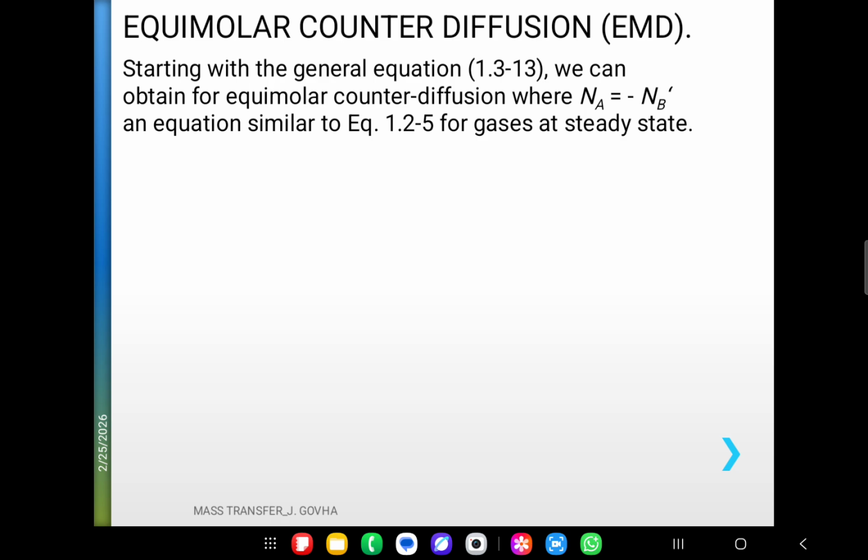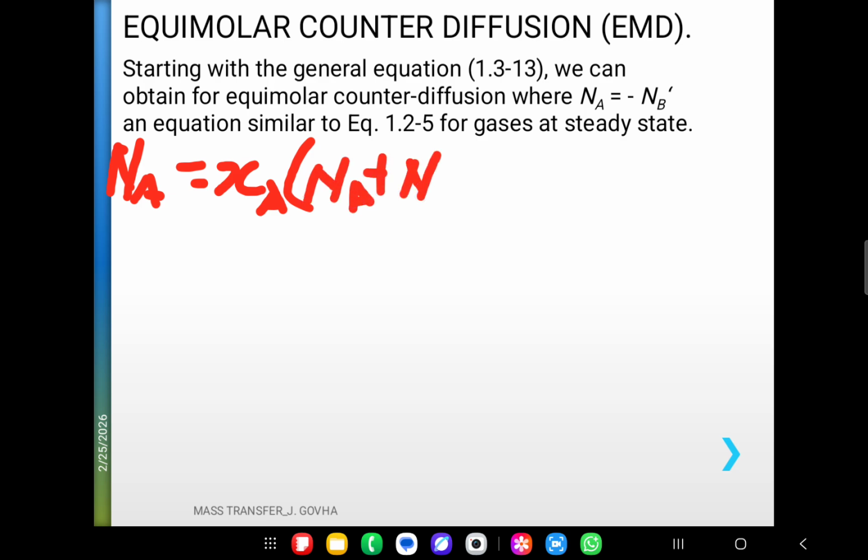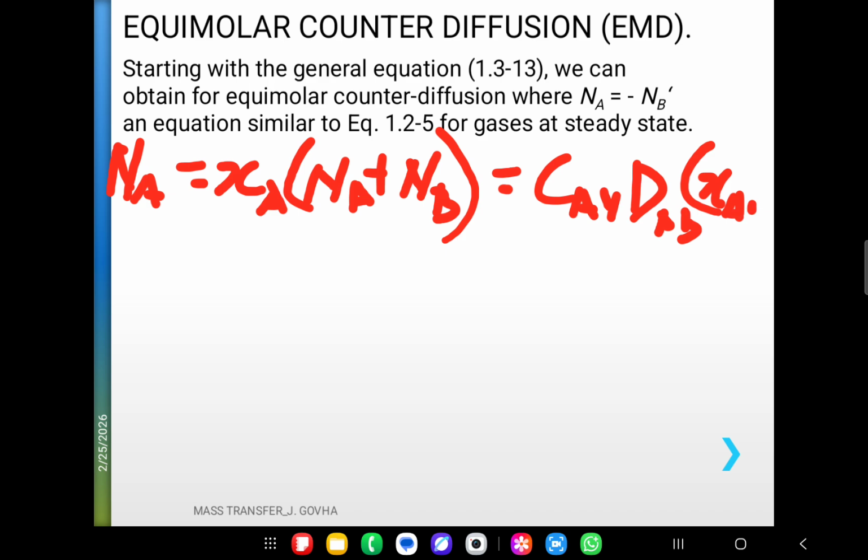We start with the general equation, and if you still remember, the general equation is NA equal to, because we are now talking about liquids, we would talk mainly about XA as a standard, then NA plus NB, equal to C average, then our DAB, being equal to XA1 minus XA2, in brackets.